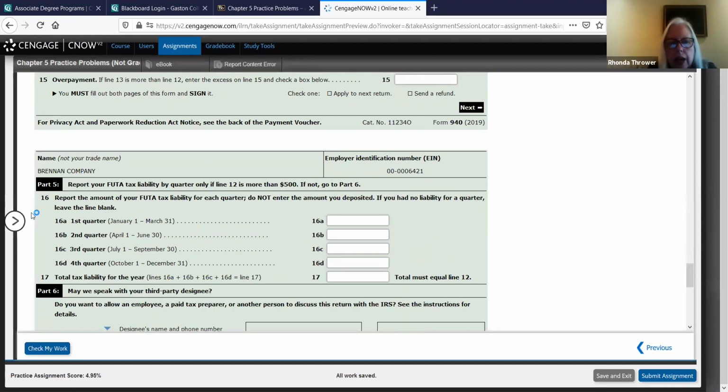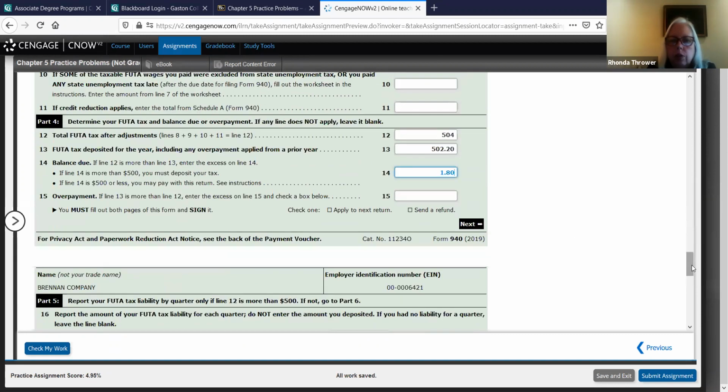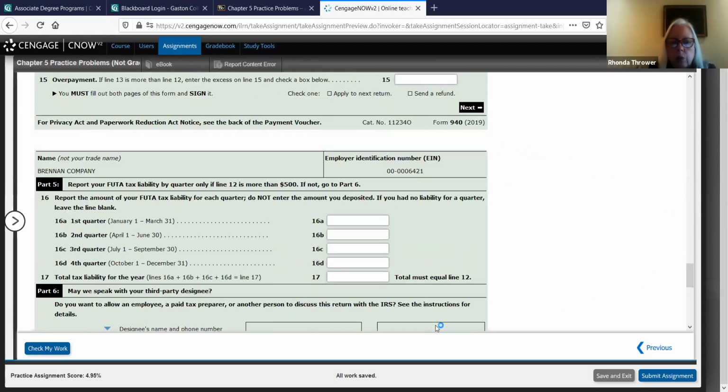And then part 5 says, report your FUTA tax liability by quarter only if line 12 is more than 500. So we go back to line 12, it was more than 500. So we've got to report the liabilities for the FUTA taxes.